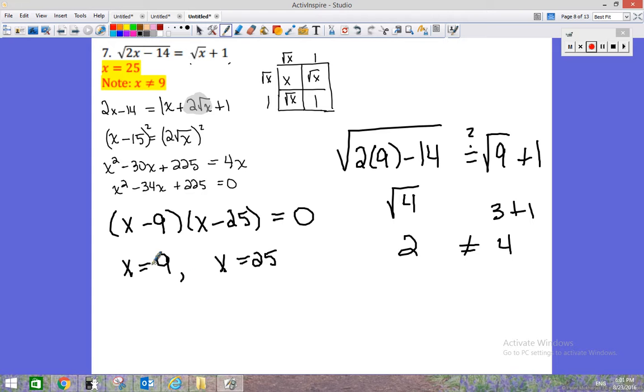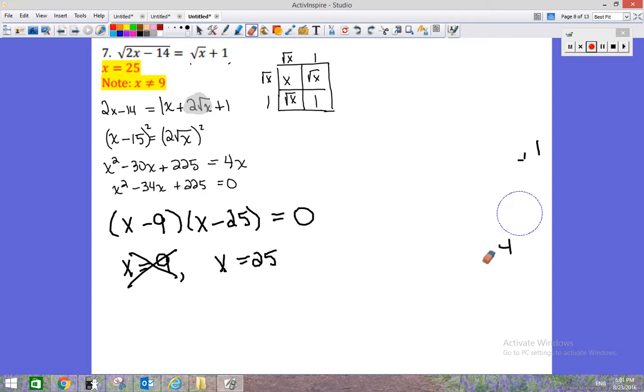Those are not equal to each other, so that's extraneous. Extraneous with regards to the original equation. It satisfies the equation after we had squared it, but it doesn't satisfy the original.